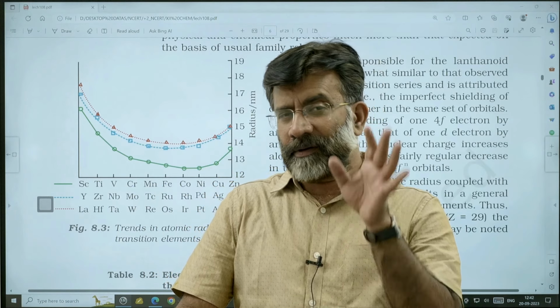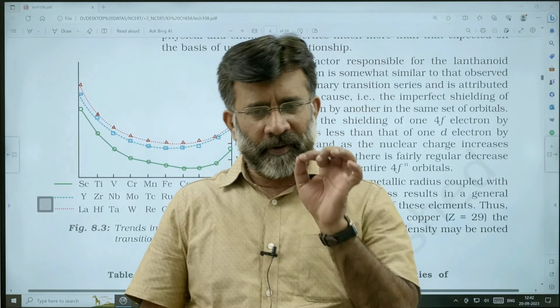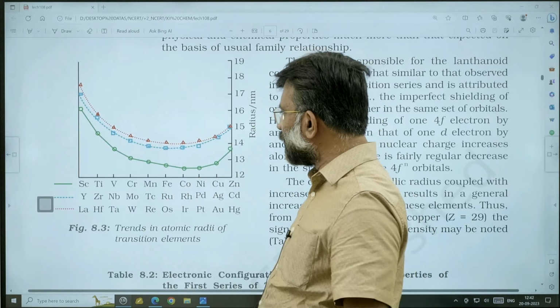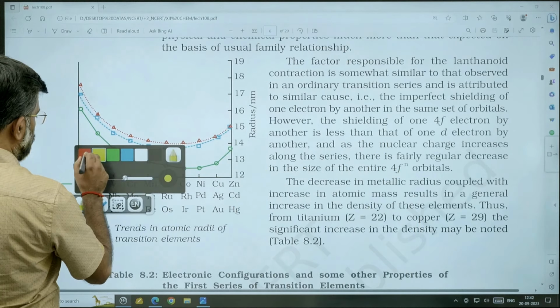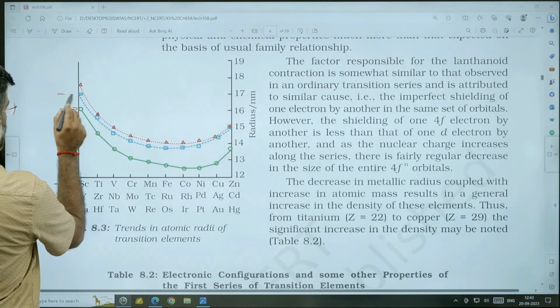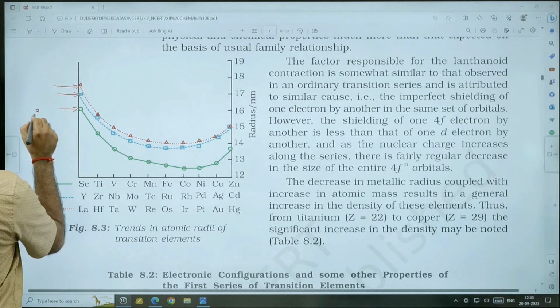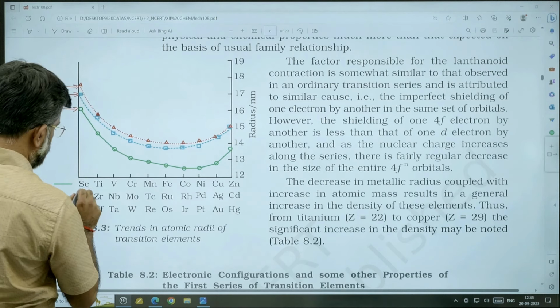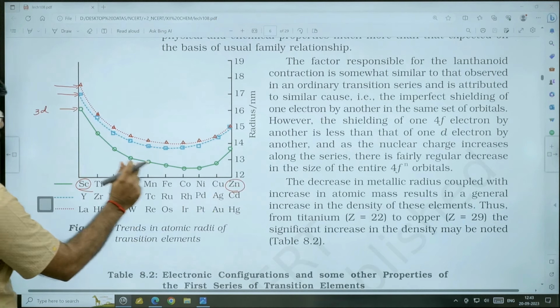But that is not the quite interesting and important point to be noted here. The point to be noted is, look at the graph. This is the first transition series, this is the second transition series, and this is the third transition series. First transition series, 3d series from scandium to zinc, is lying somewhere here, you see.